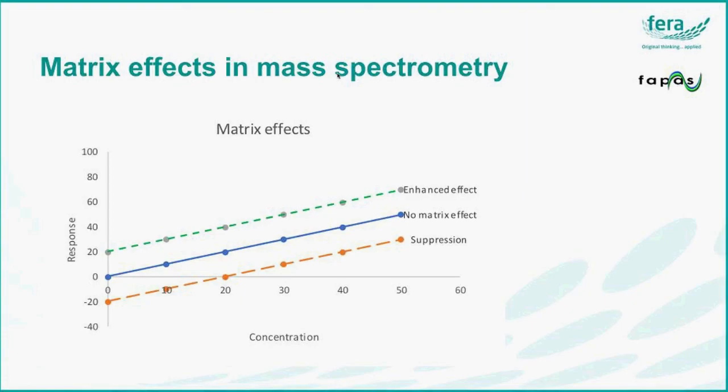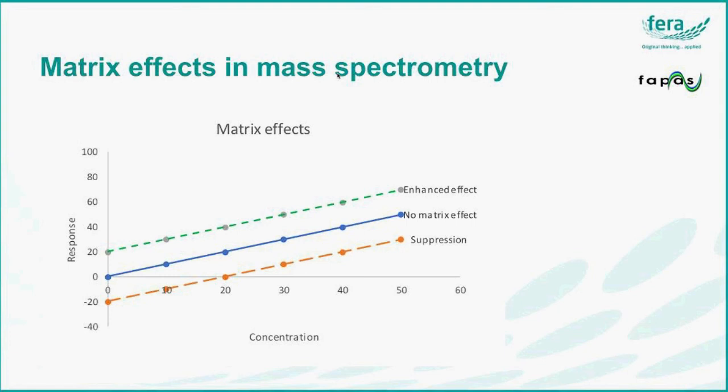Why should we be concerned about matrix effects in mass spectrometry? This graph indicates what can happen in a mass spectrometer.